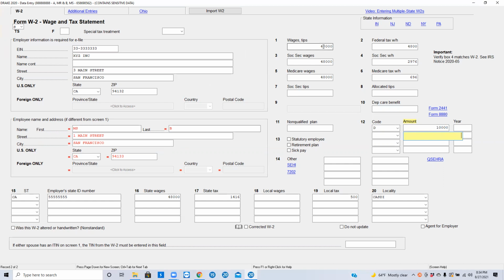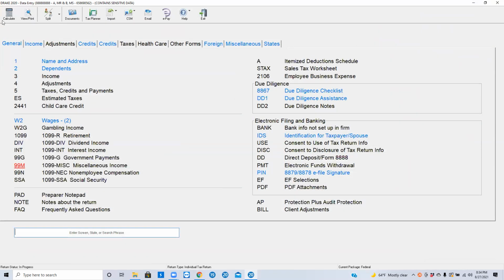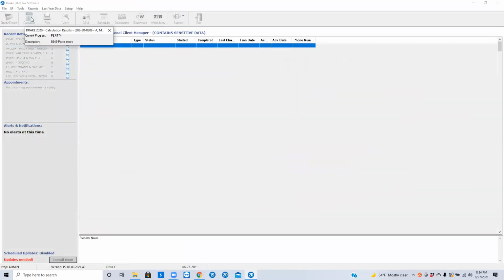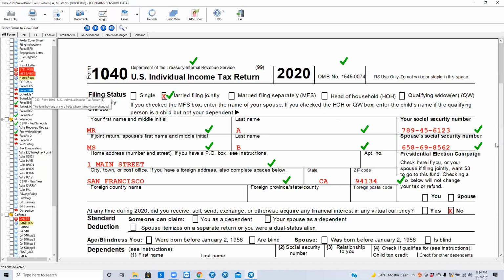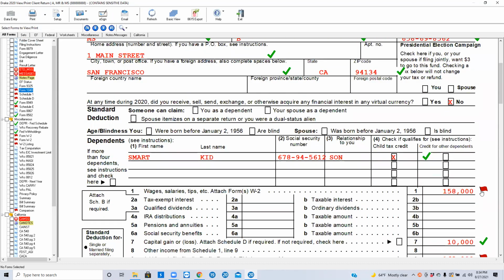Her 401k is going to look like this, 30, but here still 40, like that. So now, as a result, their income decreases by 20,000. Can you see that? It was $178. Right now it's $158.